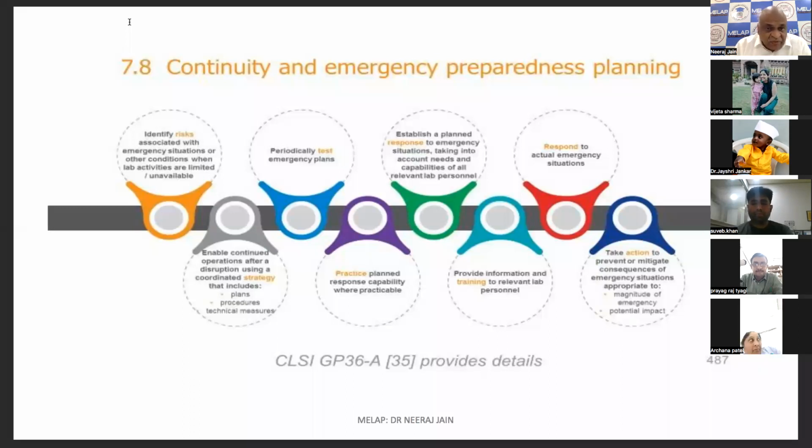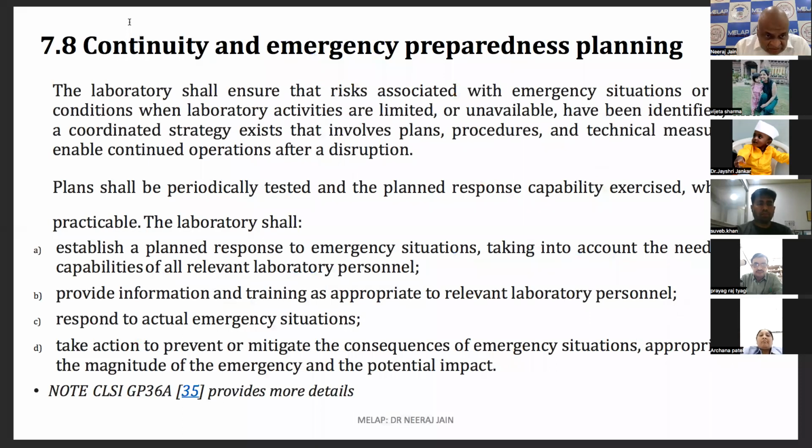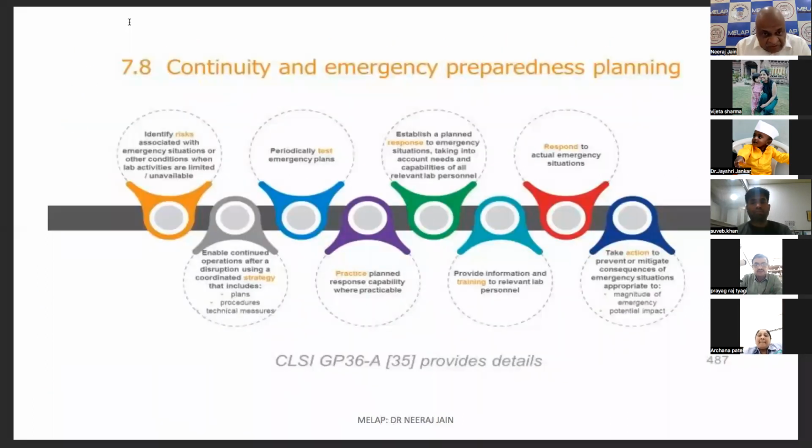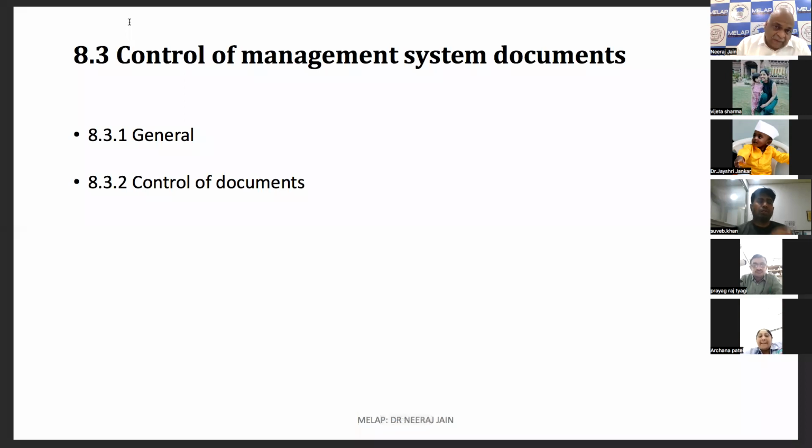So that way, wherever the standard is asking for a process, or wherever the standard is asking for a procedure, we have to think about it, we have to read, and we have to develop some documents related to this. Then in 8.1 and 8.2, the standard is only guiding us. People should be aware of management system documentation. At all places you develop documents in such a way that these are effective.